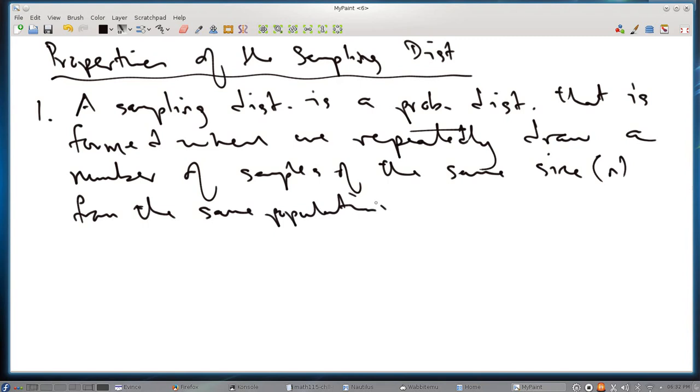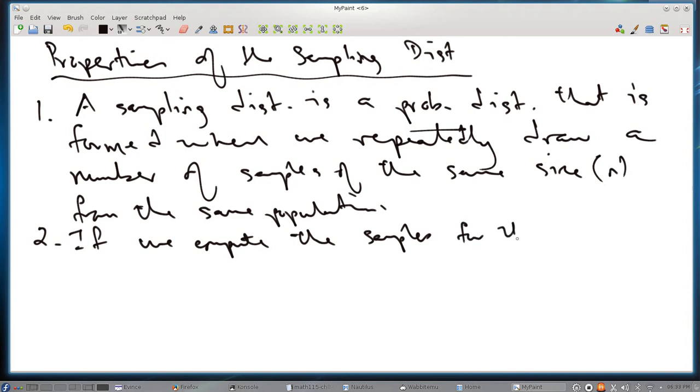The second property is that if we compute the samples that we collect, right? If we compute the samples for their means.